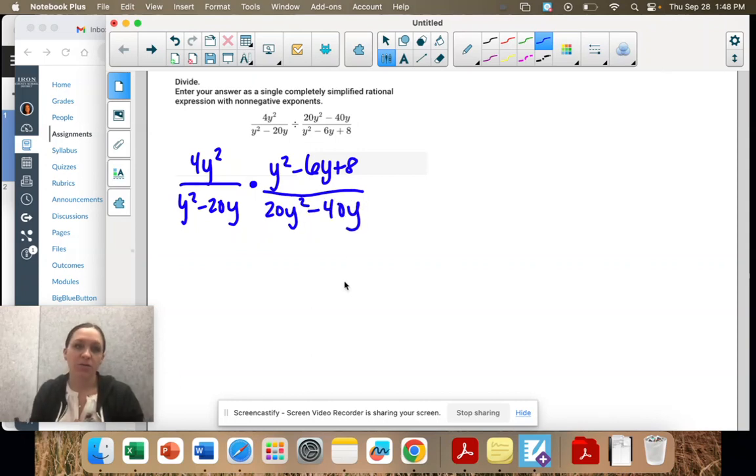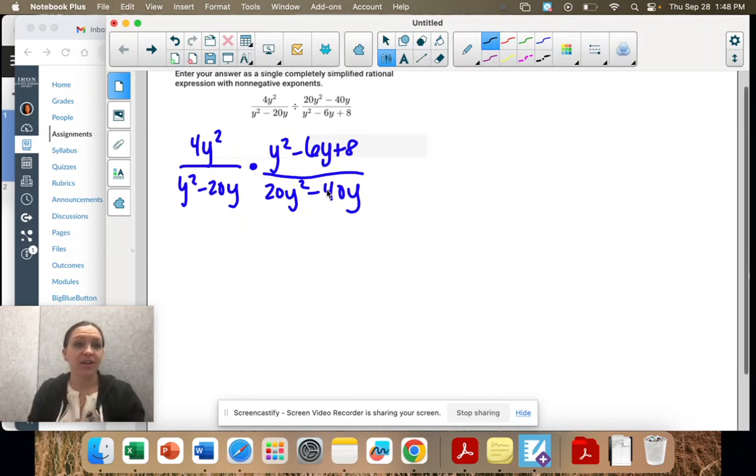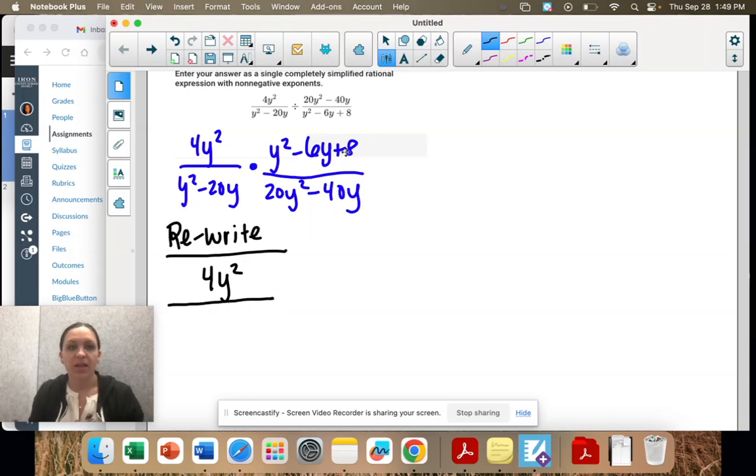And now we're going to go through and factor each one. So 4y squared is already factored. There's not a plus or minus. So when I rewrite it, that one stays 4y squared. But we can factor y squared minus 20y. And because it's only two terms and they both have a y, you should take it out, right?